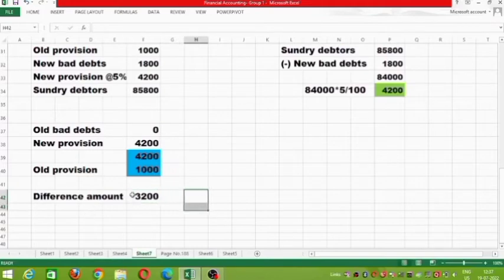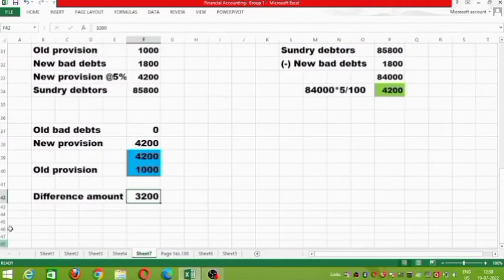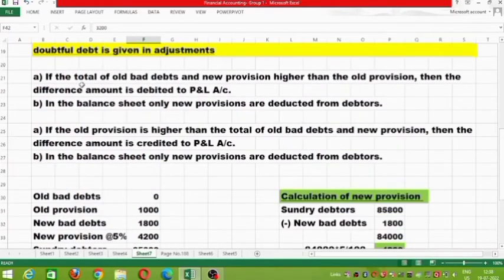This difference amount should be debited to P&L account, because if the total of old bad debts and new provision is higher than the old provision, then the difference amount is debited to P&L account. Correct? In the problem, whatever information they have given, that criteria is matching the first one. Correct? That is the reason we need to debit it to P&L account.